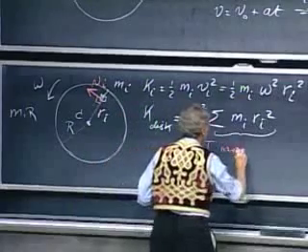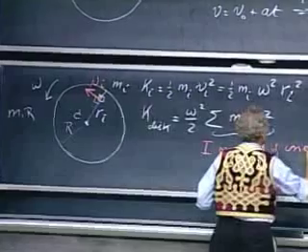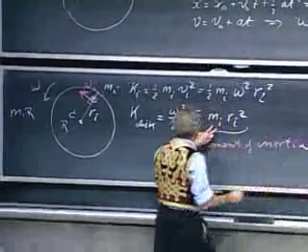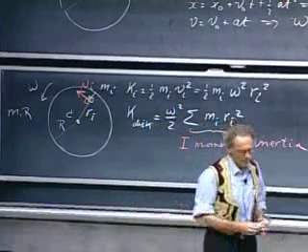This is the moment of inertia. So the moment of inertia is the sum of m i r i squared.